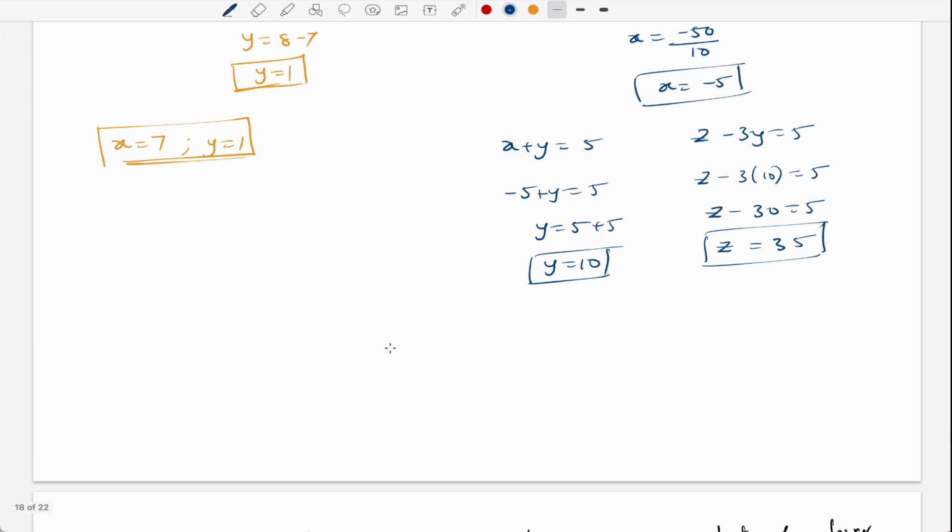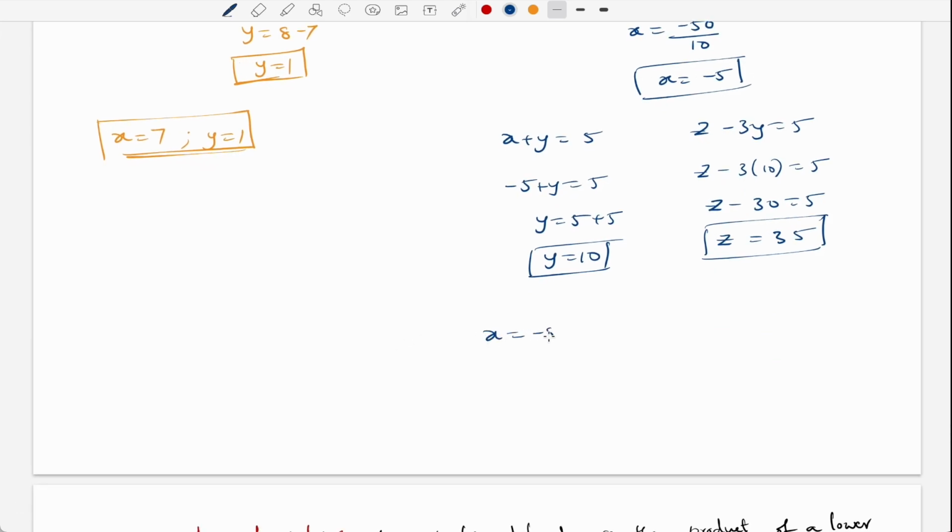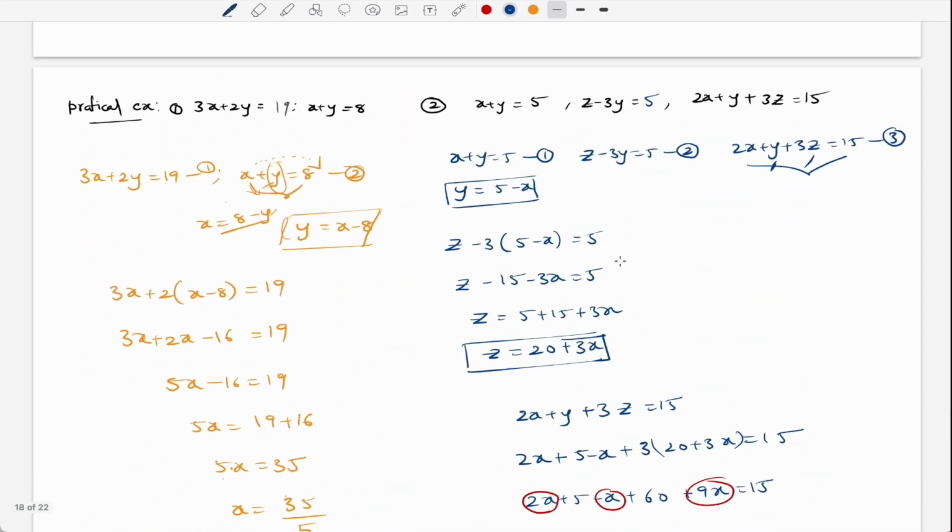So these are our final values: x is equal to minus 5, y is equal to 10, and z is equal to 35. So we get our values from this equation.